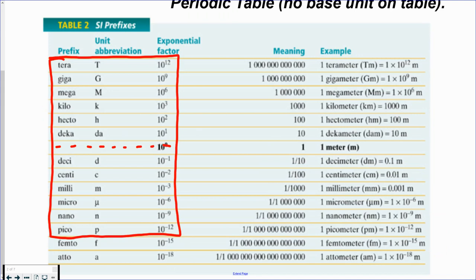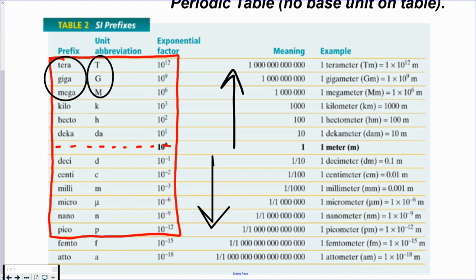Okay, I crossed out the 10 to the 0. However, you can take any of those units on the metric, so meters, liters, and grams, and you can take it up the table or you could take it down the table. Okay, so you need to know these prefixes. Now, anything of these three that you can see are capitalized in their unit abbreviation, their prefix should be capitalized as well.